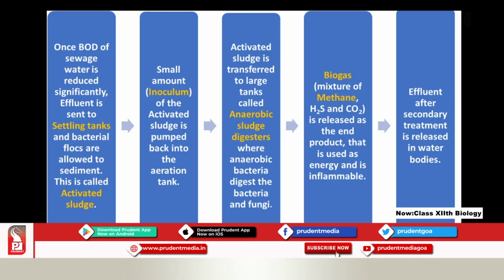I will show you once again. So, when the sludge remains, aeration takes place, the flocks act, settling. And after settling, some of the water is taken out and some of the sludge is sent back as an inoculum. You know what inoculum is from the previous one, and the remaining is pumped back.